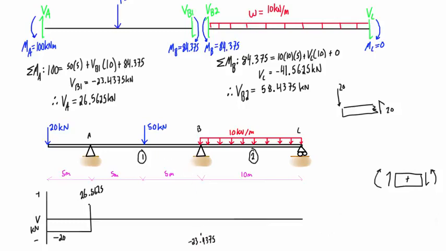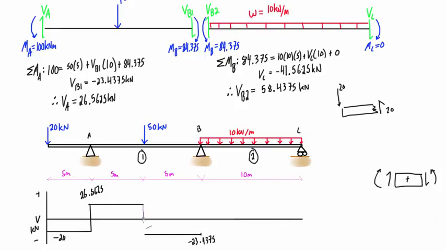Knowing what we know about drawing shear force diagrams, in a region where there's no distributed load or anything, the shear is going to be constant until we hit a point load. So that point load is right there. This whole region is 26.5625, and this whole region is minus 23.4375.